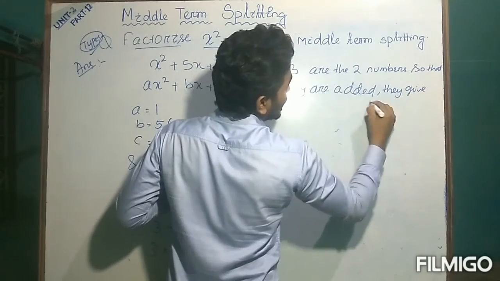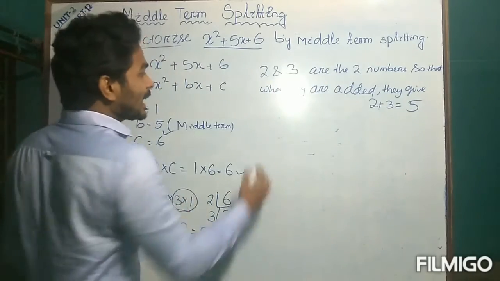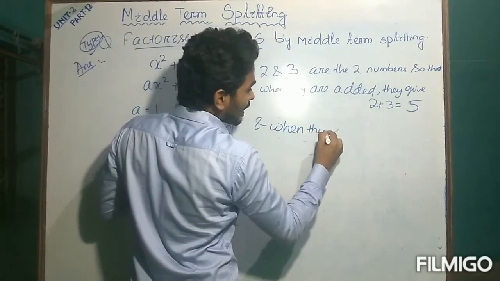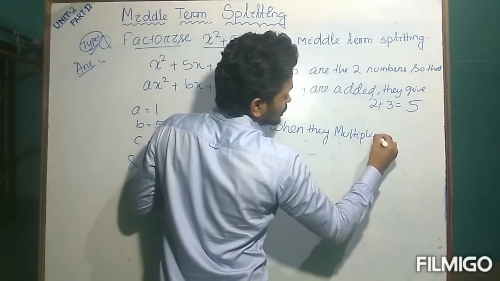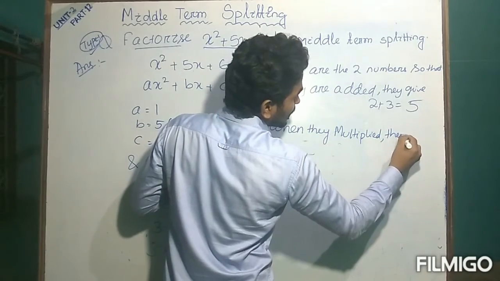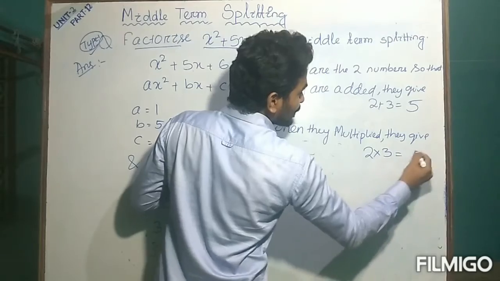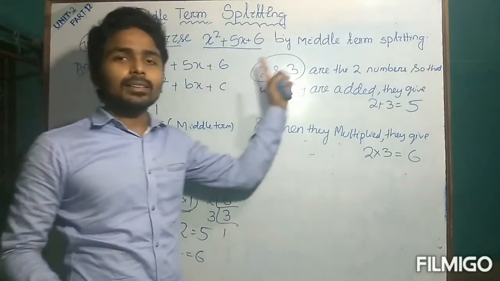They give 2 plus 3 is 5. And when they are multiplied, let us multiply them, they give 6. So the 2 numbers are 2 and 3.